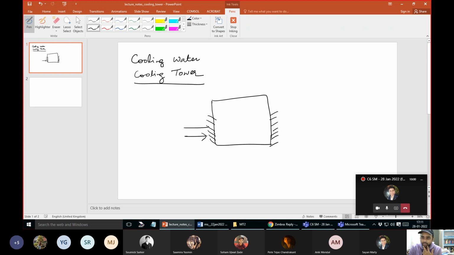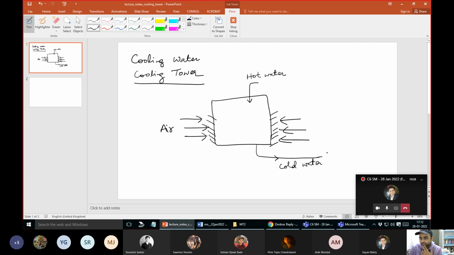So generally the air comes in from the sides, right, and you have the hot water which is sprayed from the top, and from the bottom you collect the cold water, right, which is fed through a pump.